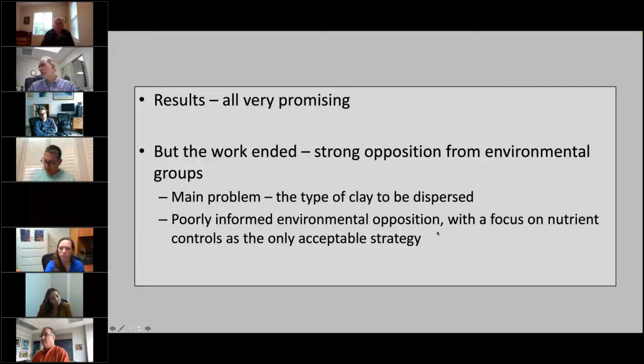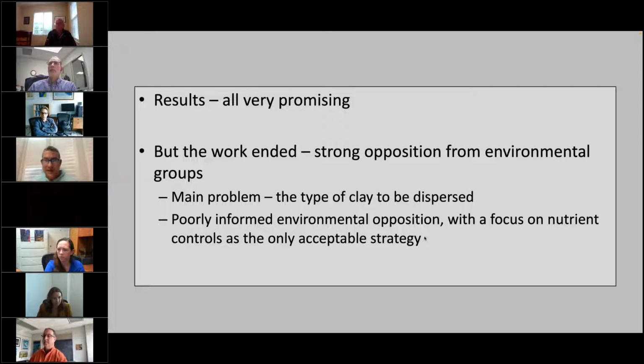What I mean here is that every time we talk to people, oh, we're using this potential approach to control red tides, there's quite a few people out there who say the real problem is nutrients from agriculture and big sugar, and if you don't stop that, then you're just treating the symptoms and not the source of the problem. And we were told that it was basically going to be a waste of government money to try to work on these other approaches.